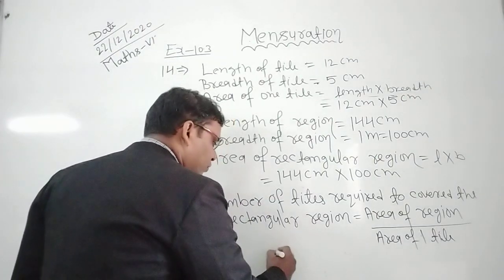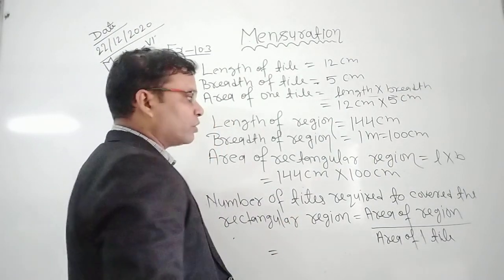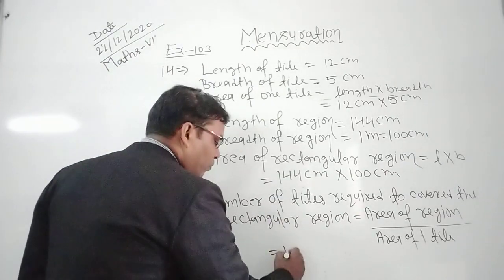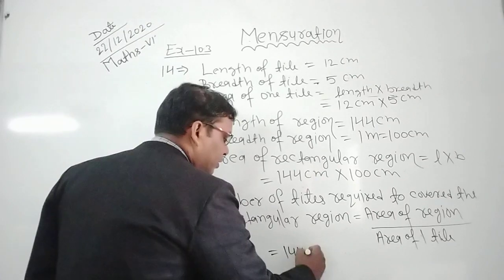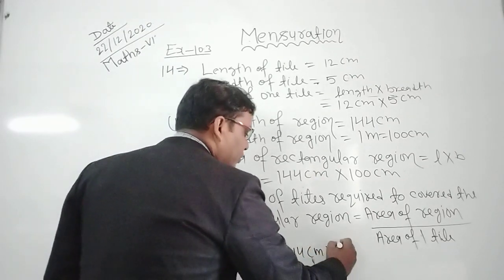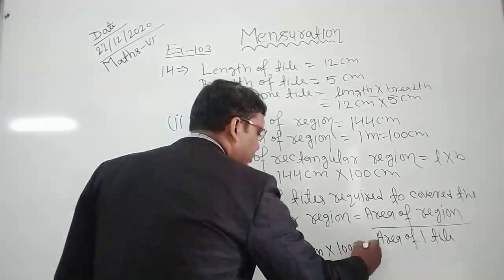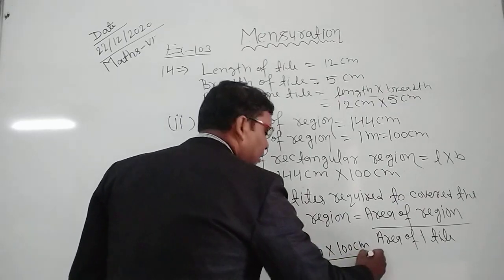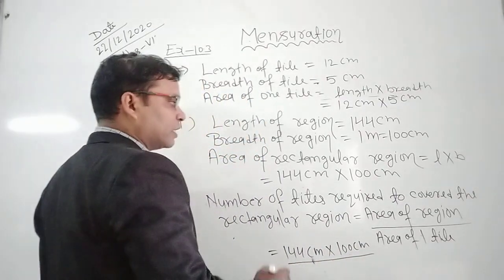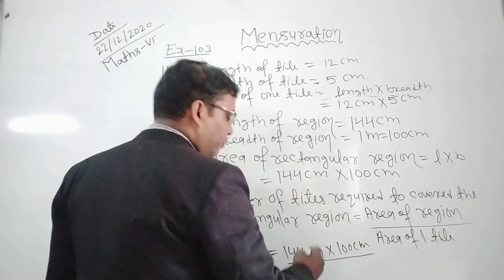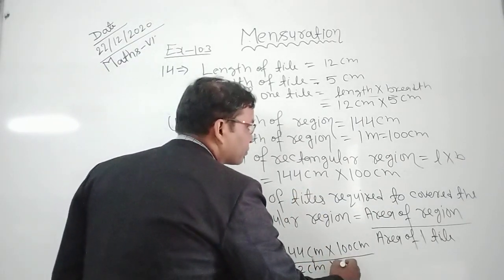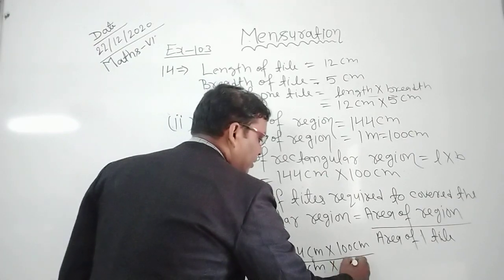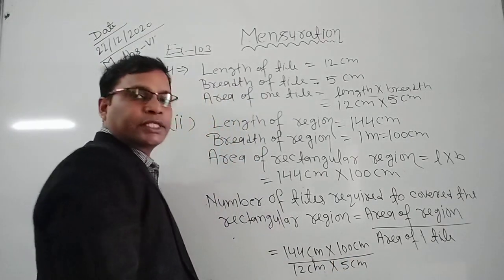So this is equal to what? Area of region is equal to, here you can see, 144 centimeter into 100 centimeter by area of one tile. You can see here 12 centimeter into 5 centimeter. This is clear.